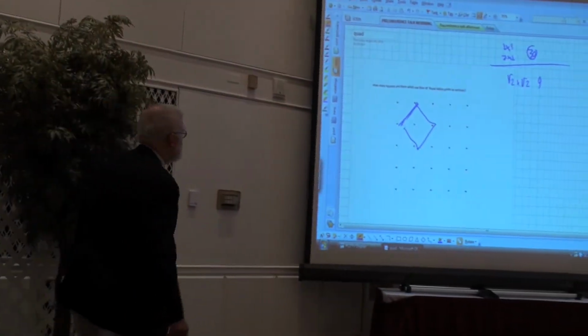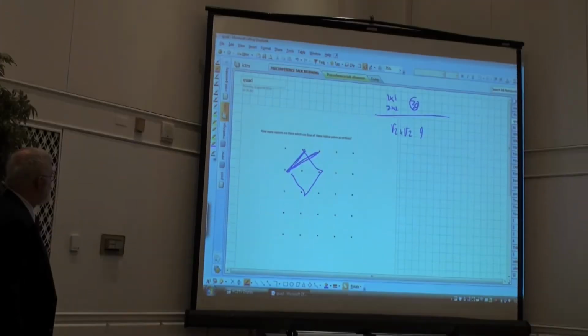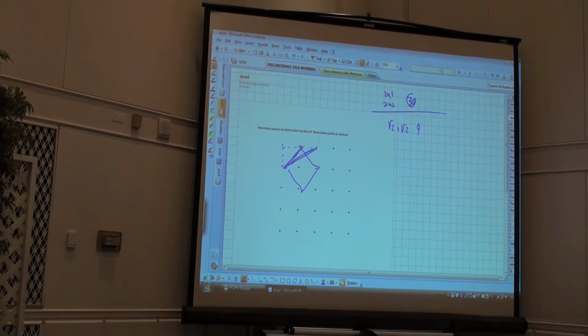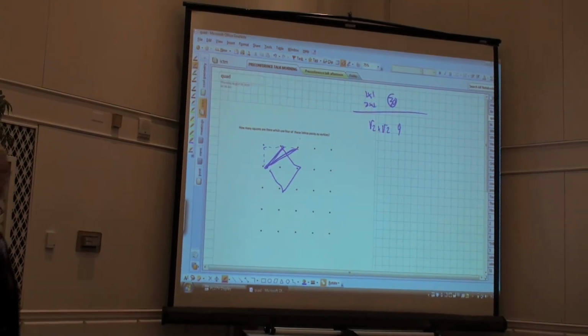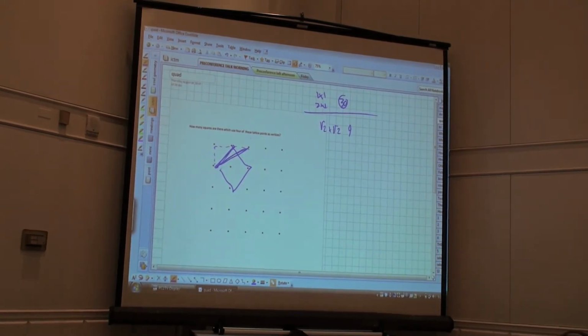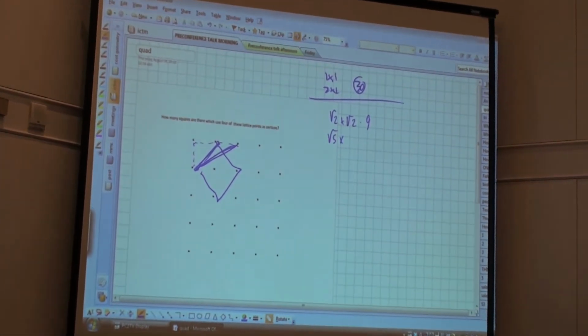I used square root of 5, and it's basically because there's a 1 by 2 right triangle there inside square root of 5, and there are 4 of those. 8 by 2 and 2 by 1.